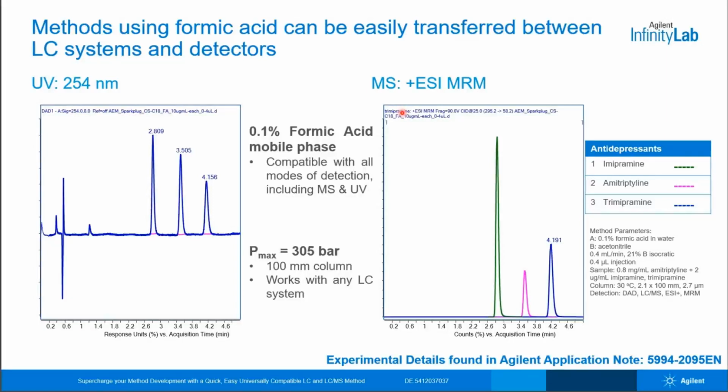Also notable, the separation is performed on a 2.7 superficially porous particle, which keeps the pressure low while maintaining high performance. Together, this combination of a simple mobile phase with superficially porous particles makes for a high performing and highly flexible method that can be easily achieved on a variety of instrumentation, regardless of detectors or pressure limitations.